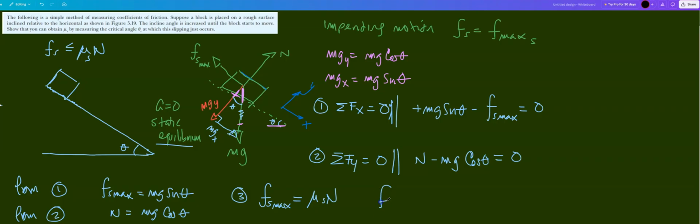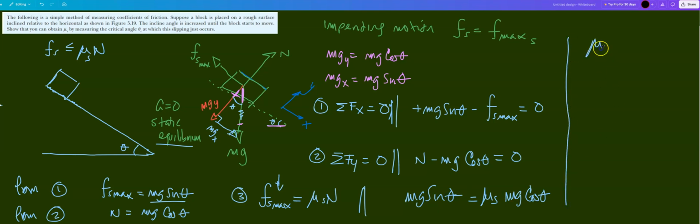So notice how instead of maximum friction, I can write mg sine of theta, is equal to the coefficient times the normal, but the normal is mg cosine of theta.